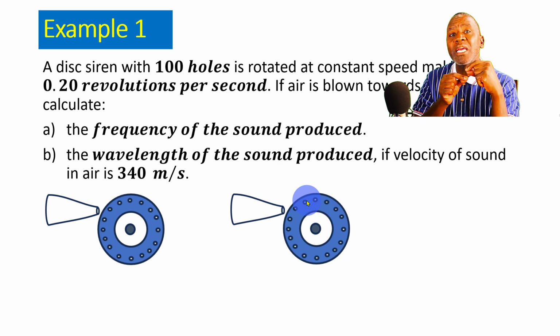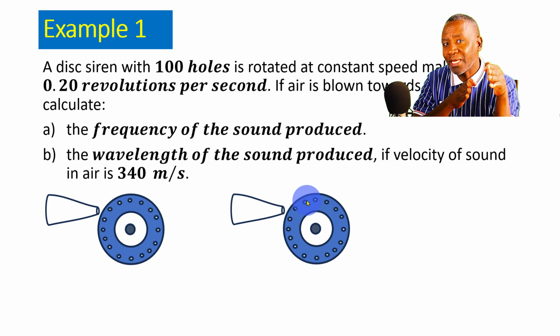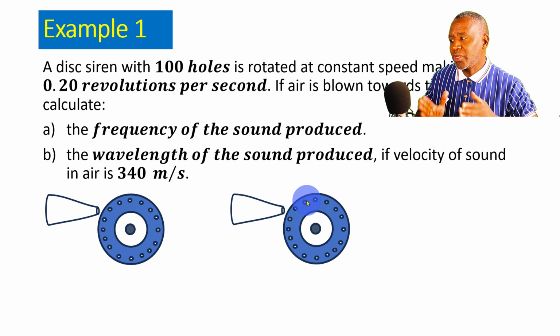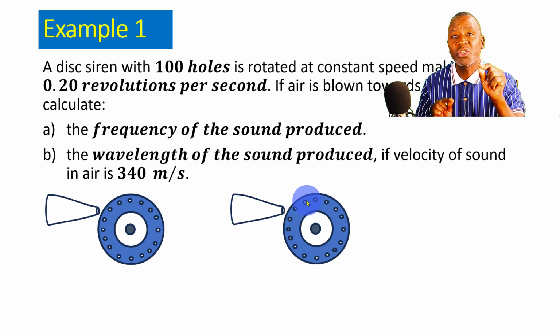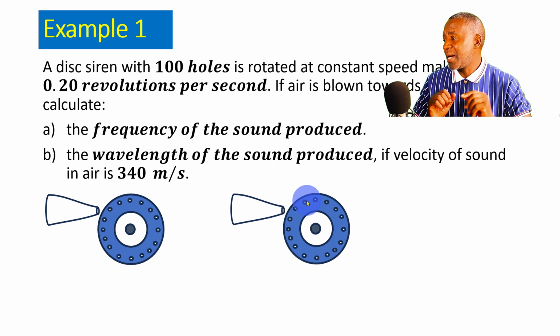If it is making 2 revolutions per second, then I'm going to get the number of holes times how many revolutions it is making per second. So as a general equation, when you're given a question like this, it's just the number of holes in the disk multiplied by the number of revolutions per second, or the number of repetitions per second.